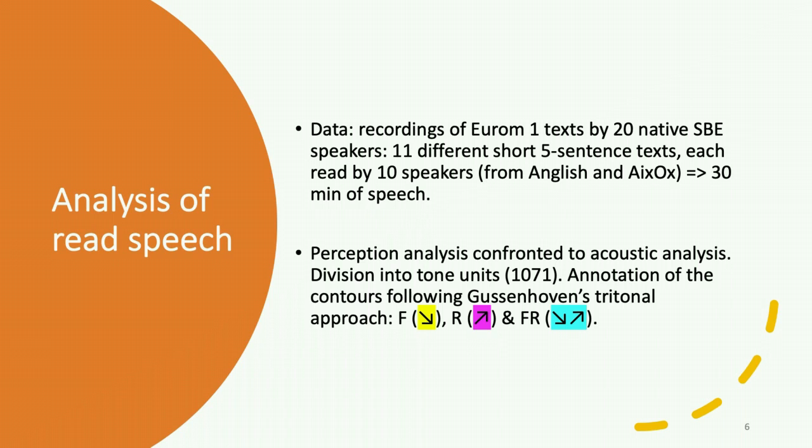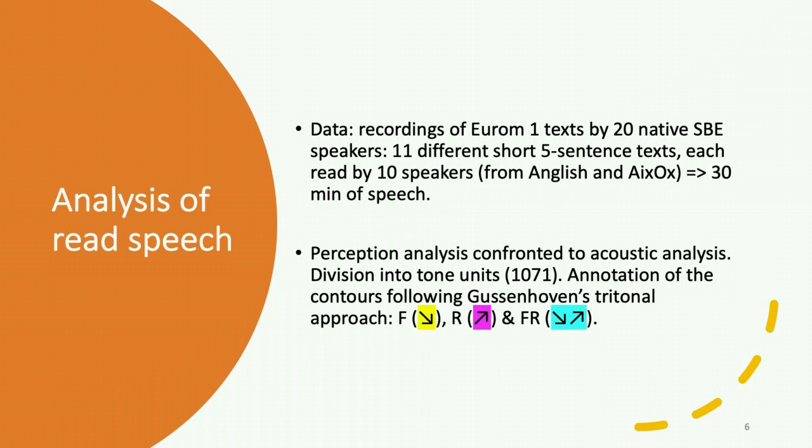In order to test our hypothesis that rising contours are not that common on non-final tone units in reading style, we analyzed two corpora of read speech by native British English speakers. So we used the recordings of Euron 1 texts from English and Exox corpora. In fact, Euron 1 texts are short 5-sentence texts. There are 40, but for the present study, only 11 were used.